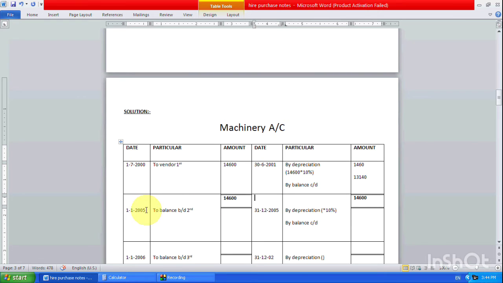Now, 1st July 2001 to balance brought down, second year. Bring that carried down balance 13,140 into 30 June 2002.